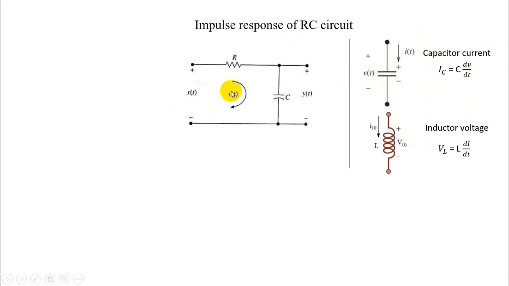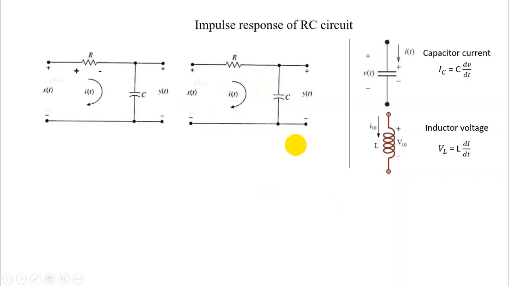So if you are asked, given this RC circuit, to determine the output and input relation, or the transfer function, what would be the procedure? Here y(t) is the output, and it is the voltage across the capacitor.